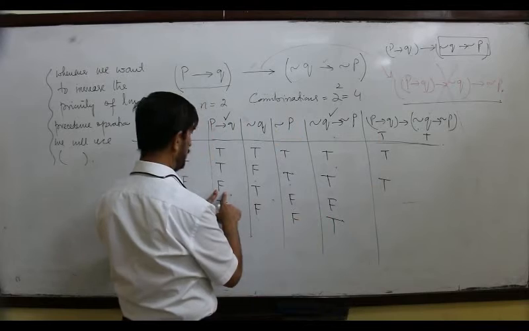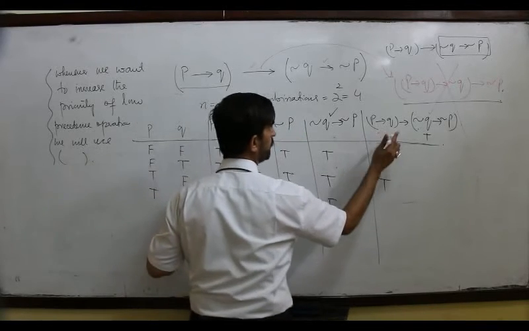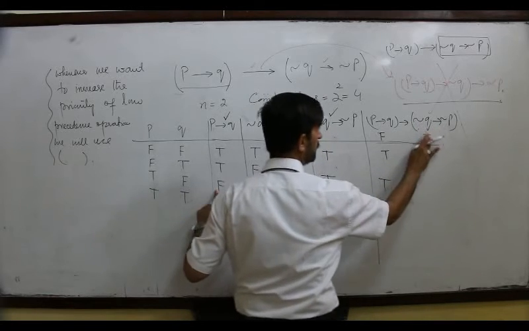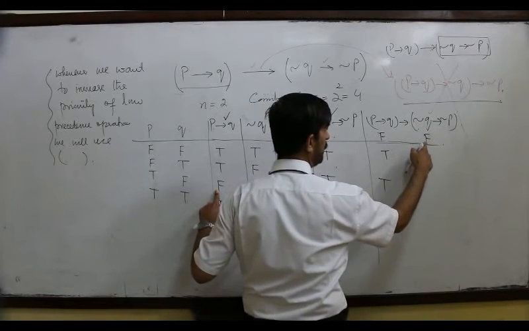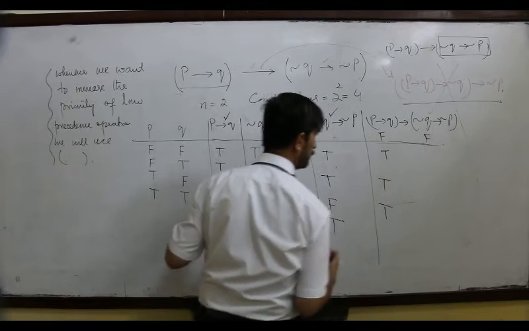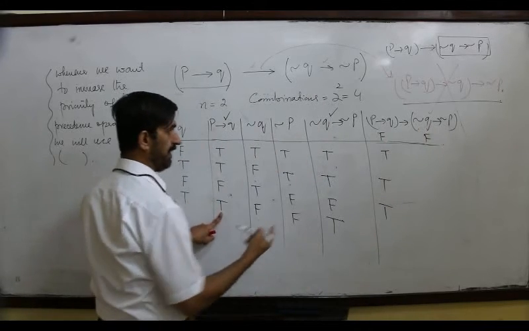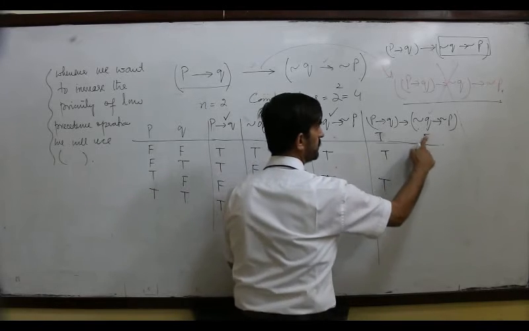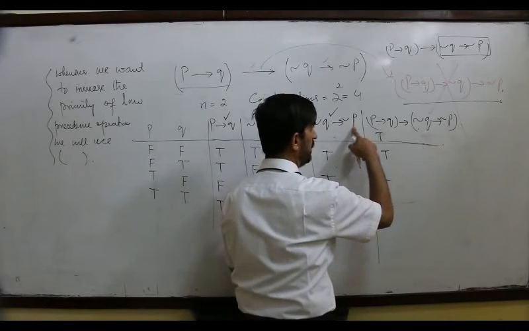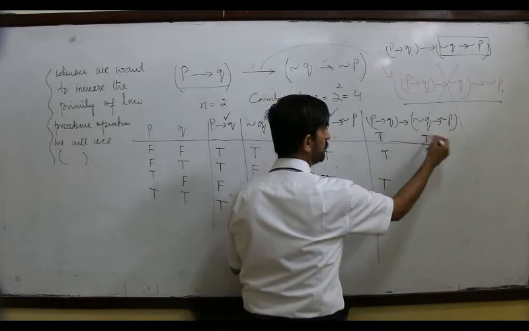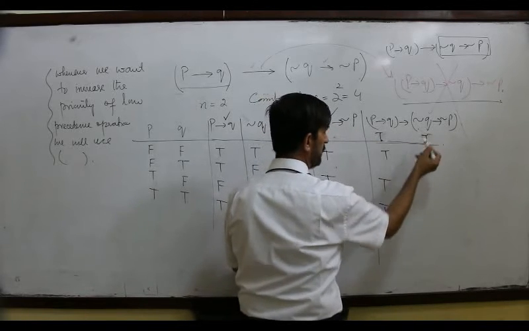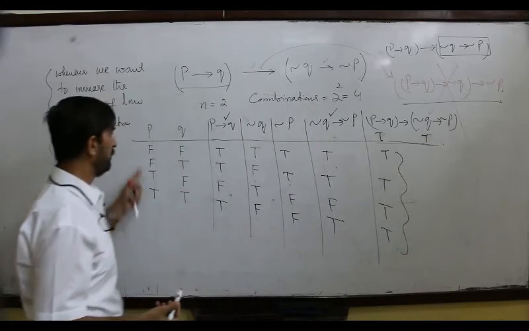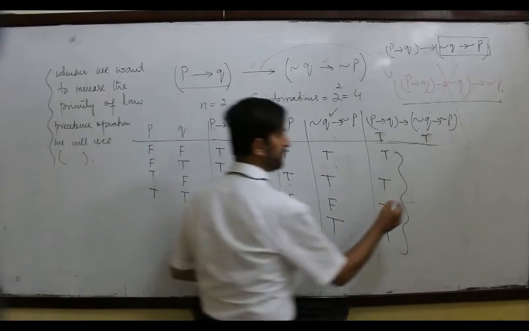Next value of P implies Q is false and the value of not Q implies not P is also false, so it will become false implies false, true. The last value of P implies Q is true and the last value of not Q implies not P is also true, so it will become true implies true, true. All the values are true regardless of the truth values of the variables, so it means this is a tautology.